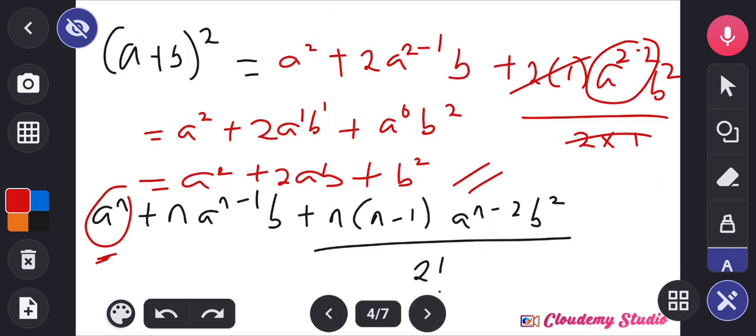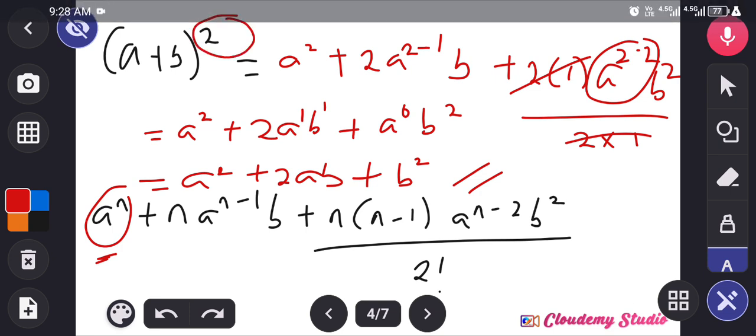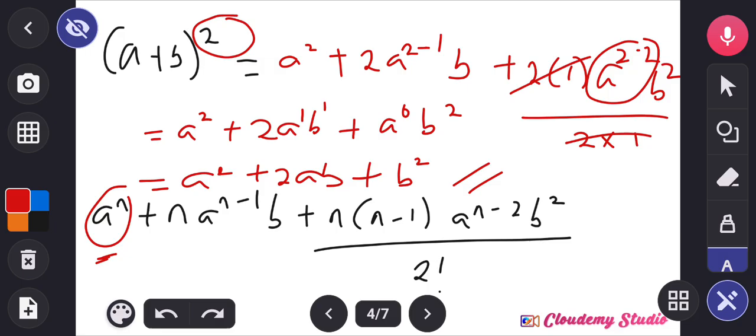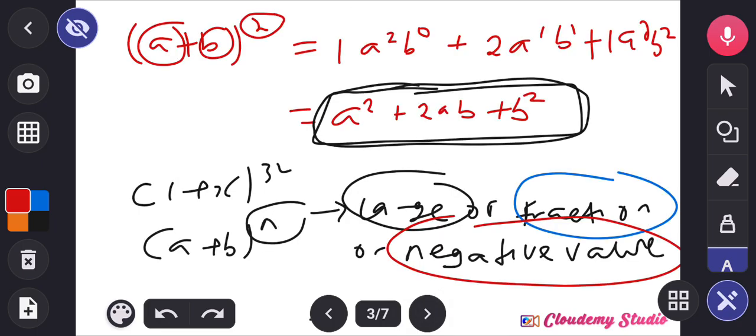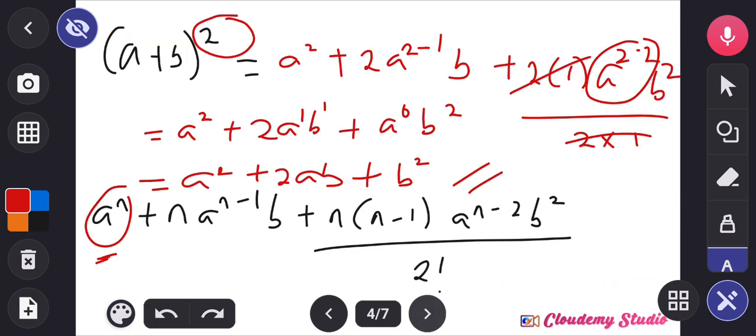But please note, whenever you are given a positive integer as your power, you don't need to use binomial expansion or the binomial theorem. You can just use Pascal's triangle for expanding it. You understand? But if you're having a negative value as the power, then you are going to be using binomial expansion.